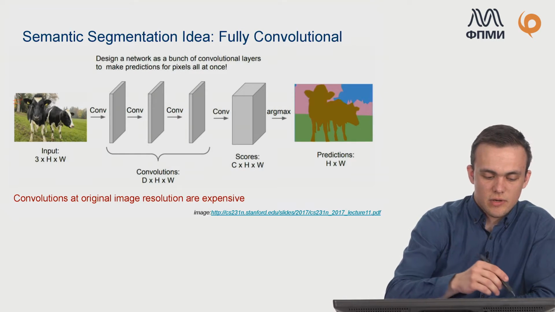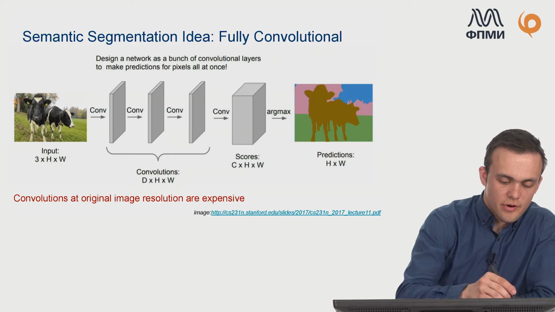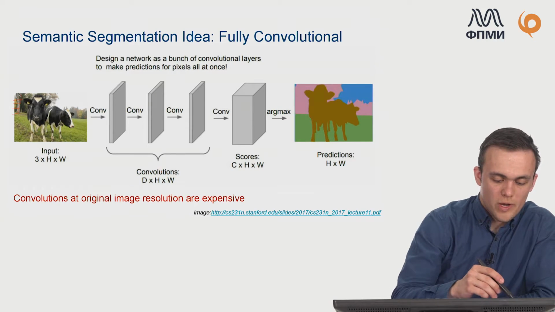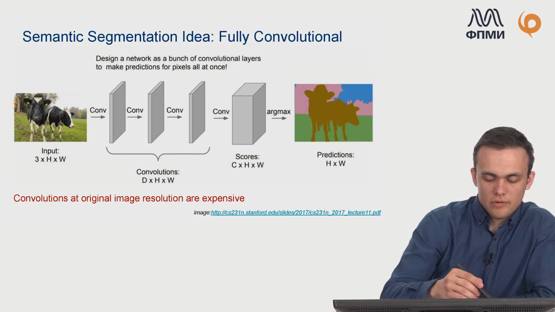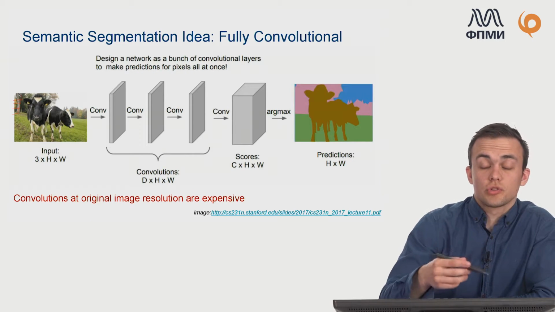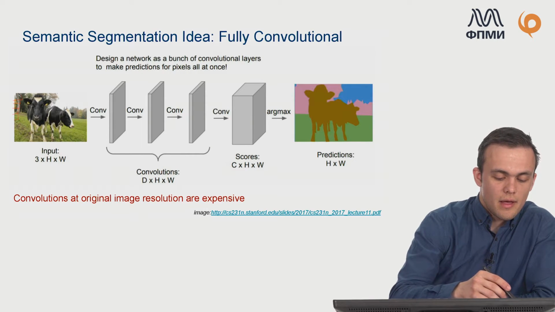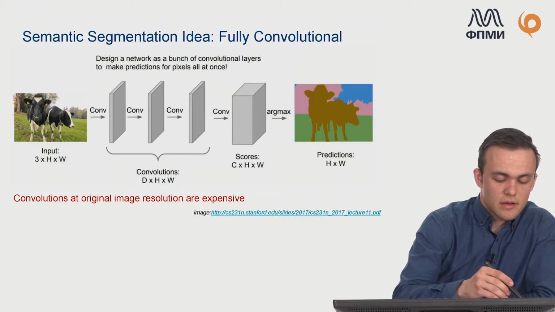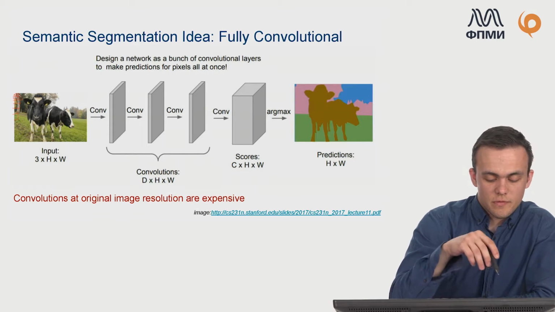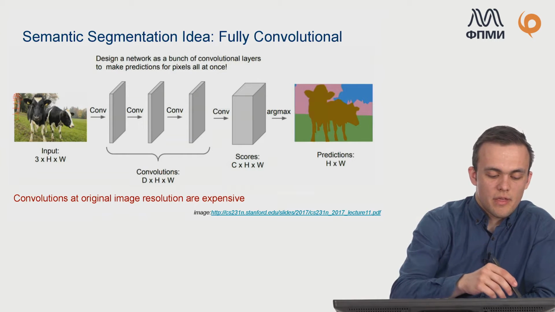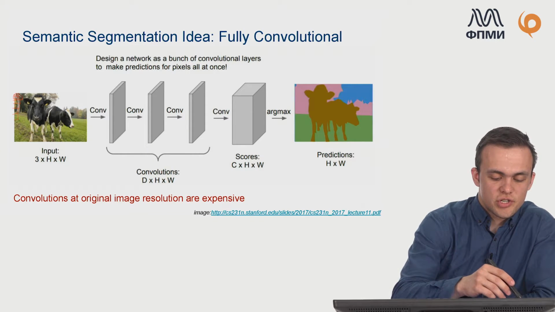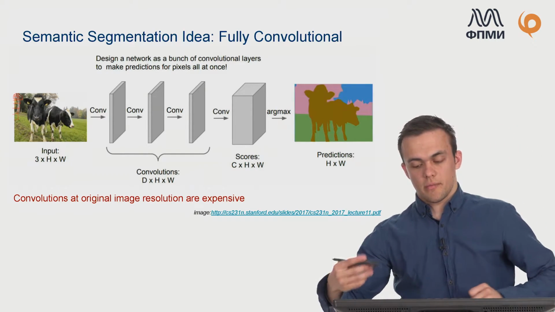What is better is to apply the whole convolutional layer to an image, and these small convolutional filters are applied to a small region and output the predictions.